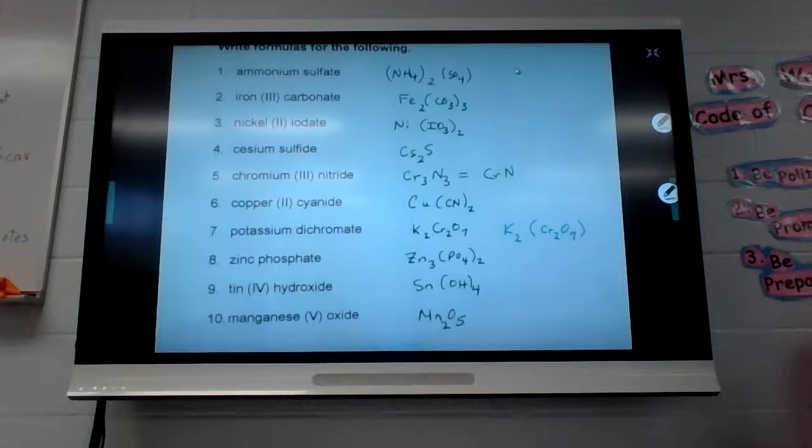Questions? You getting them right? Yeah, just forget to reduce or whatever. But if you forget to reduce, that'll cost you half. Okay, that's the only thing I give partial credit on. Because your formula is not wrong. It's just not in lowest terms.